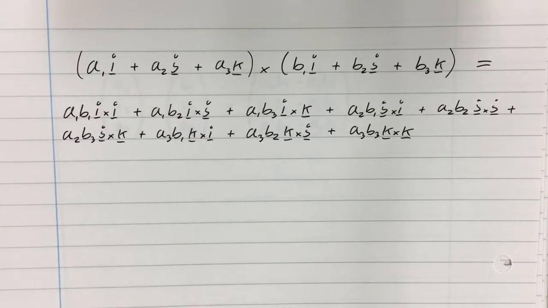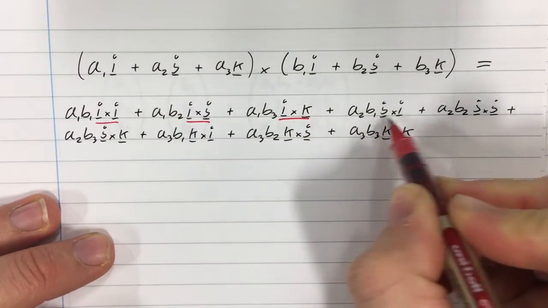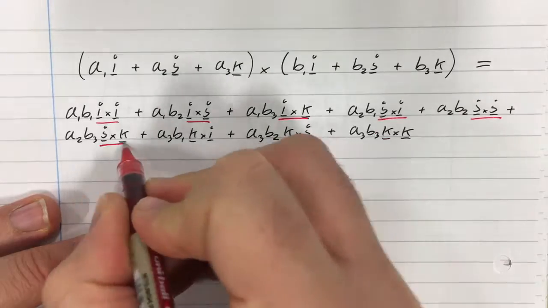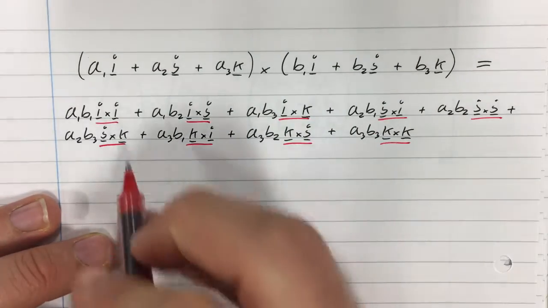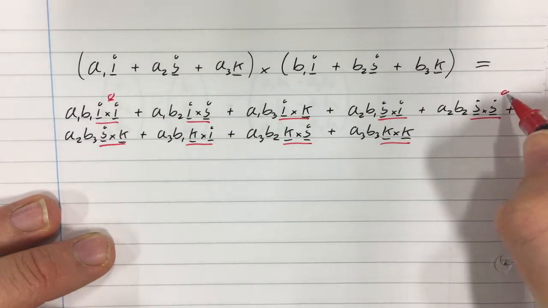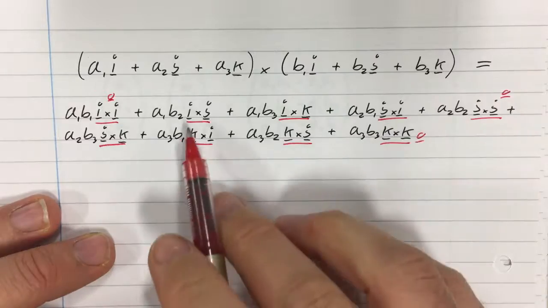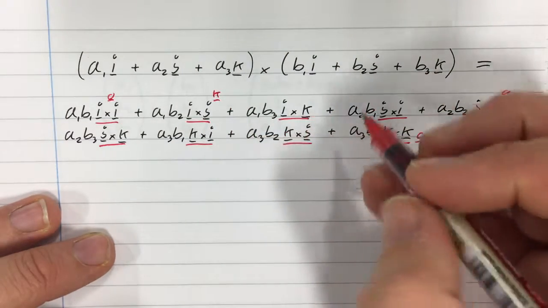That's the expanded bracket. Now what we can do is take these cross products and simplify them according to our 9 definitions on the first page. So anything crossed with itself is just 0. So these 3 disappear. I times j is k. I times k is j.